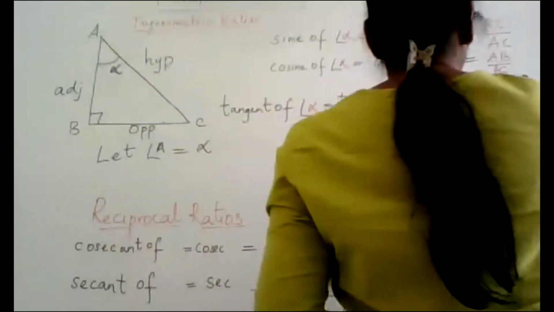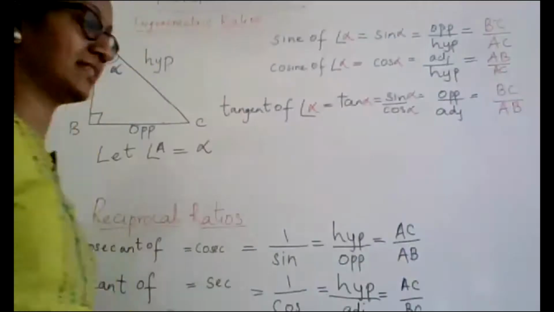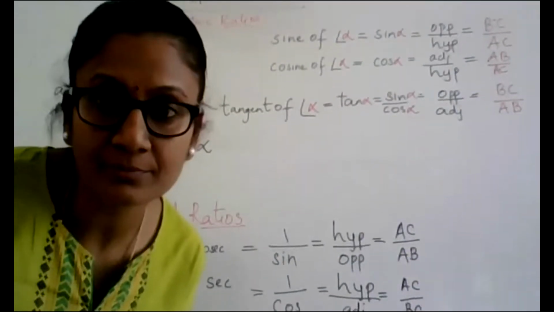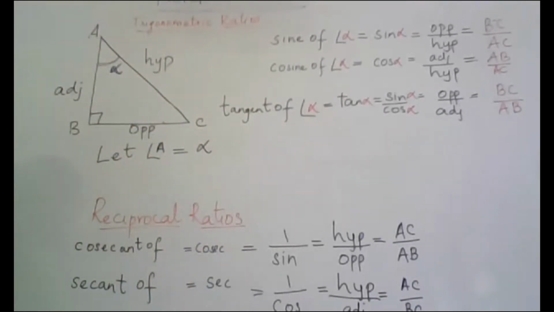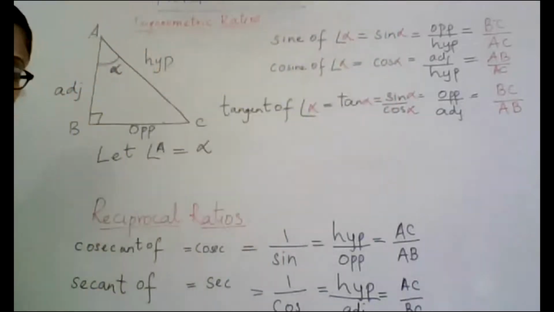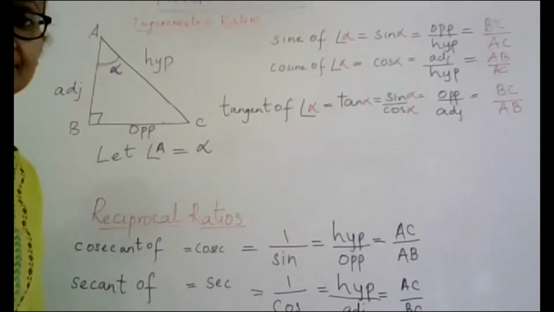So it is BC by AB. Once you have identified the first three ratios correctly, moving on to the reciprocal ratios will become obvious. Is there any doubt in the first three ratios with respect to angle A or alpha?